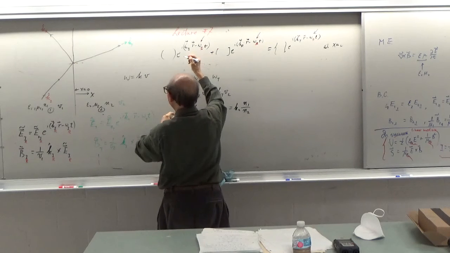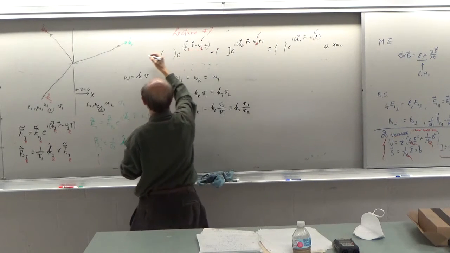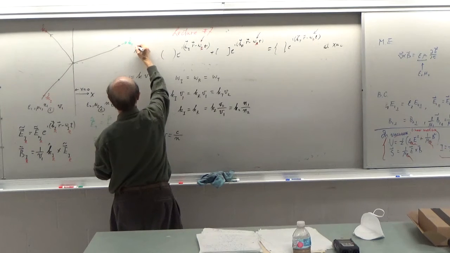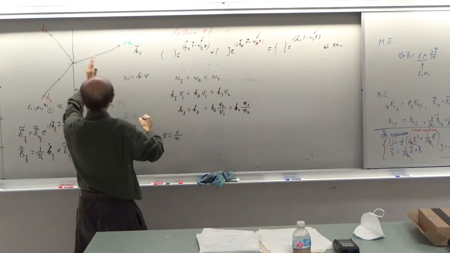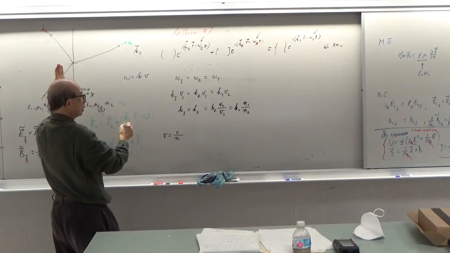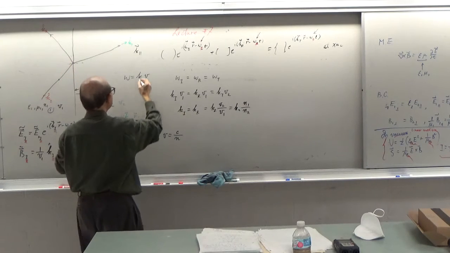So let me in fact use the notation that k parallel means those are the components parallel to the interface.